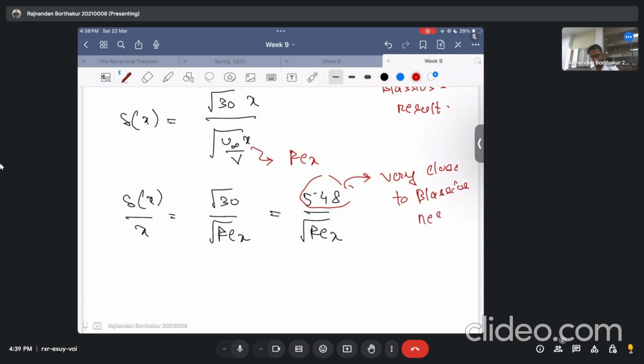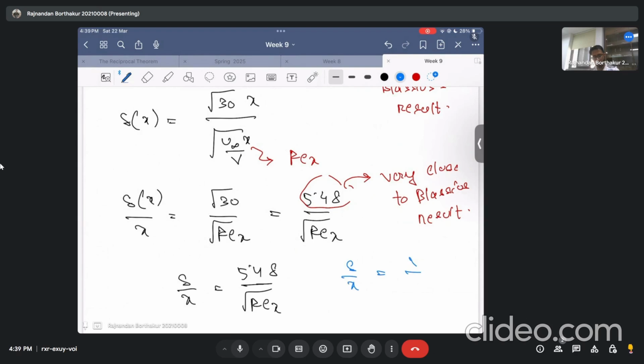So this means that your delta by x varies as 5.48 by square root of Re_x. Okay. And your Blasius's result was delta by x, this was 5 by square root of Re_x. This was your Blasius's result. Okay.